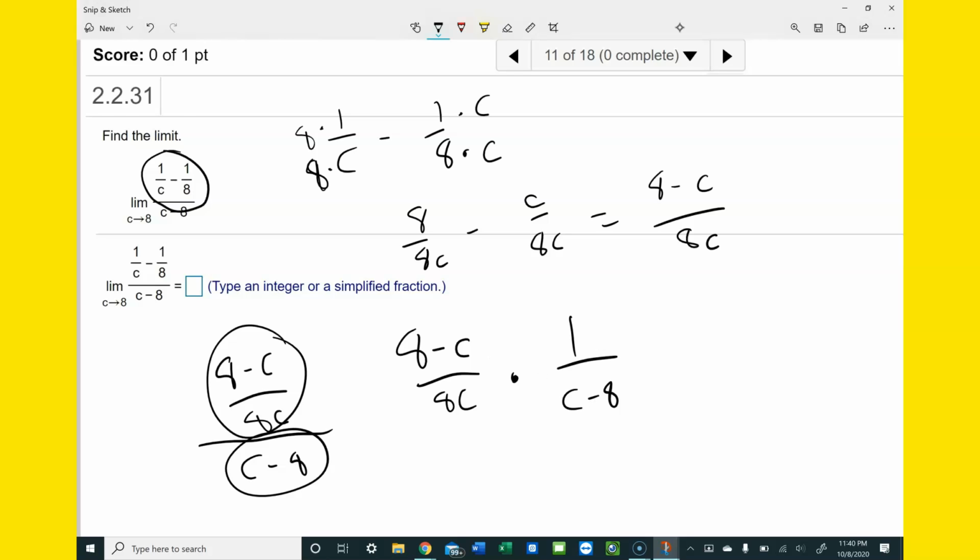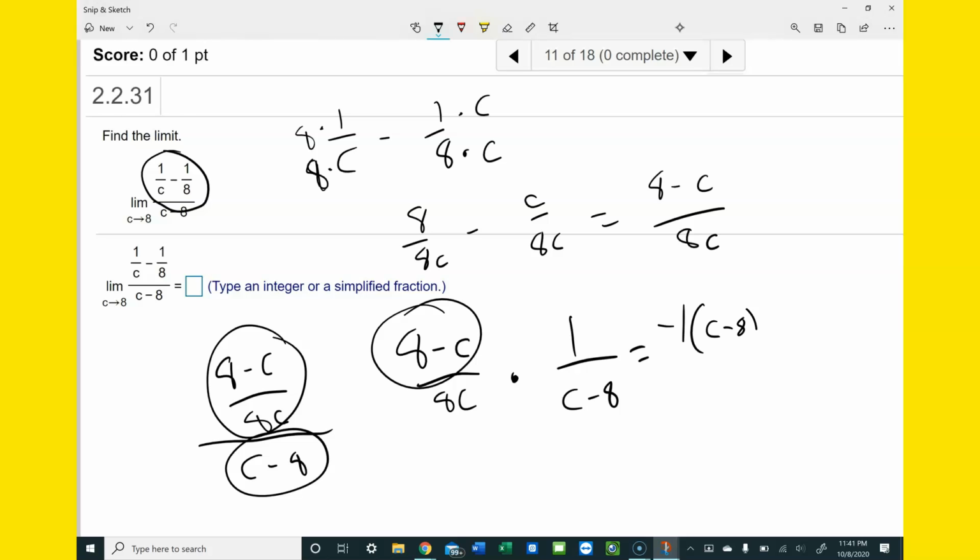The only difference is the signs. What I could do is factor out a -1 on one of those. It doesn't matter which one. I'm going to factor out a -1 on this part, which makes that 8 become negative and that C become positive.